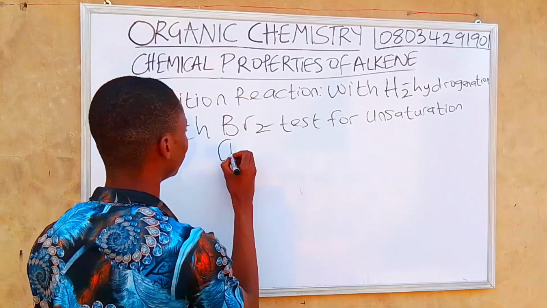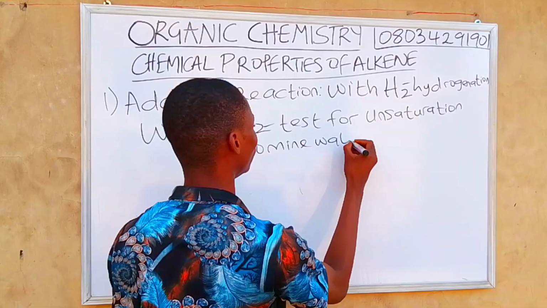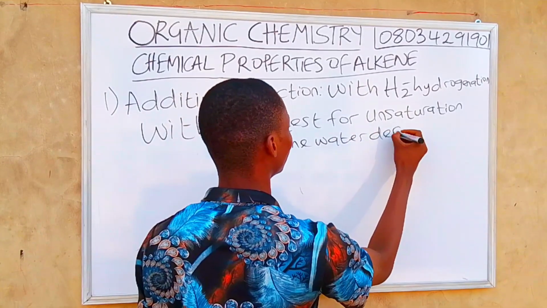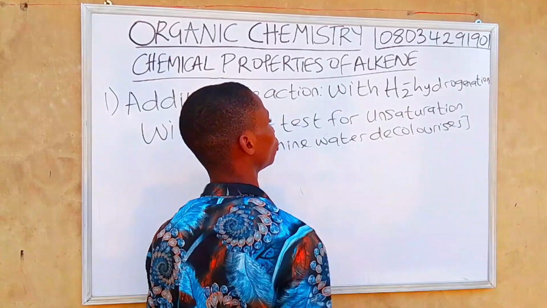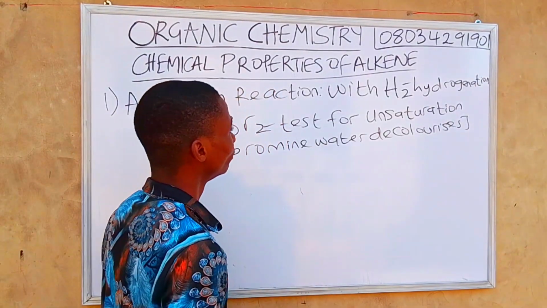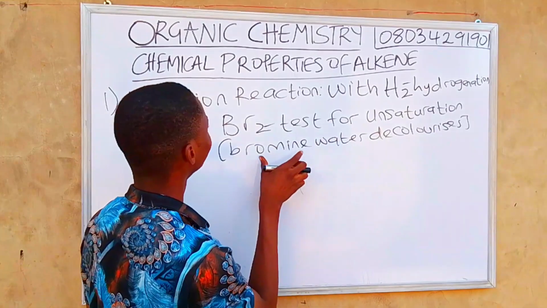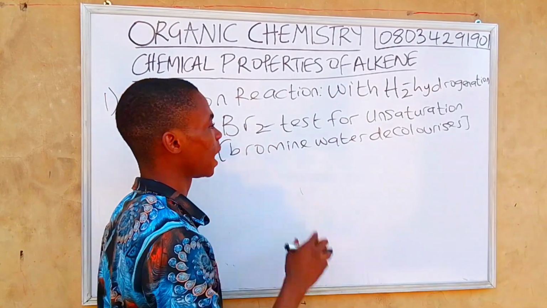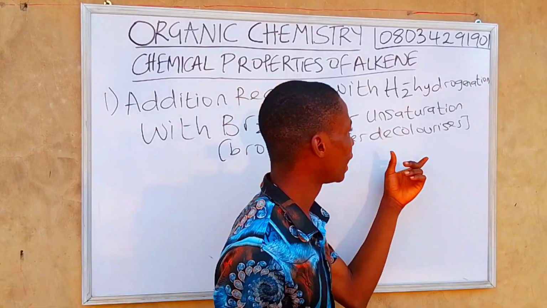Because bromine water decolorizes. So for alkene, bromine water decolorizes. So once alkene reacts with Br2, which is the bromine gas, bromine water decolorizes.